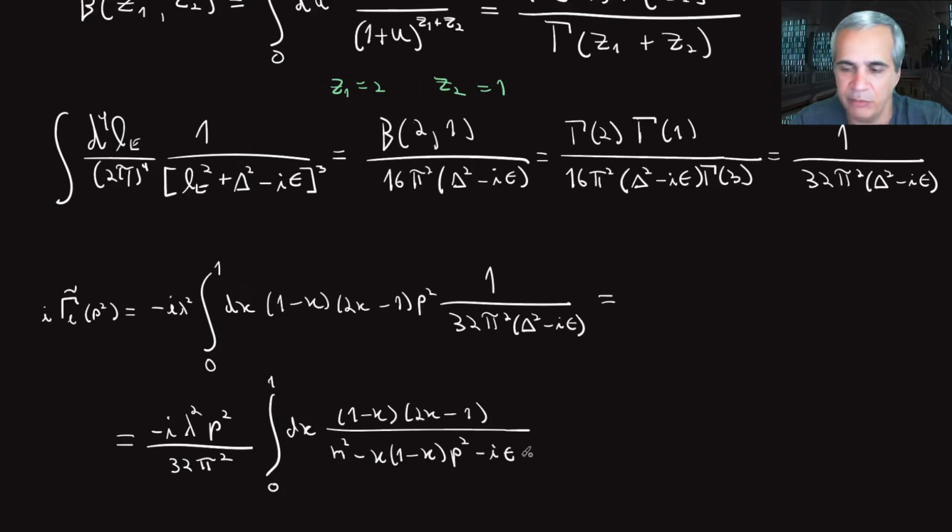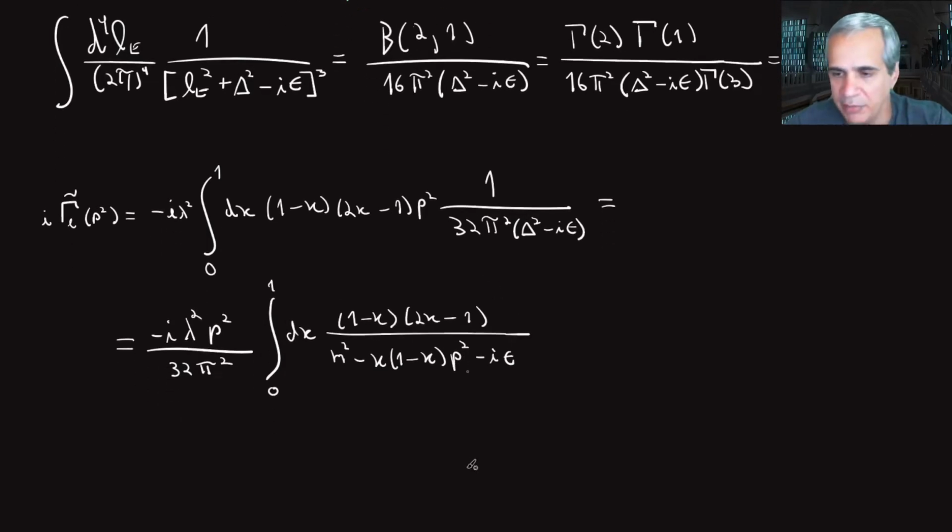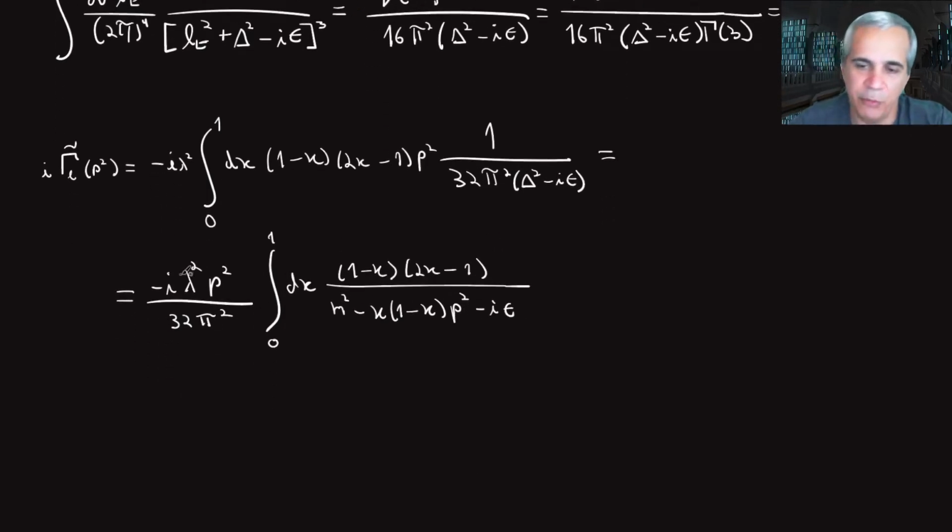In fact, when we want to have that analytical expression for all regions in p squared, remember that we made the assumption that delta was positive, and now we have to think a little bit about it. So delta squared is just m squared minus x times 1 minus x times p squared.